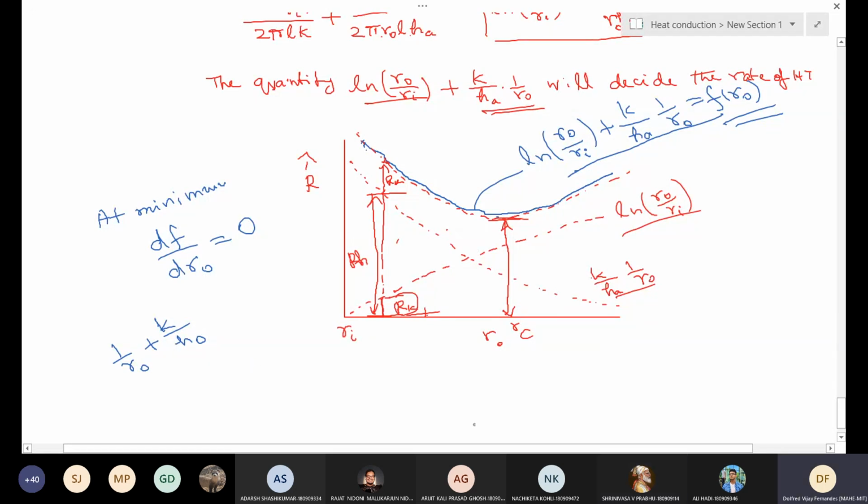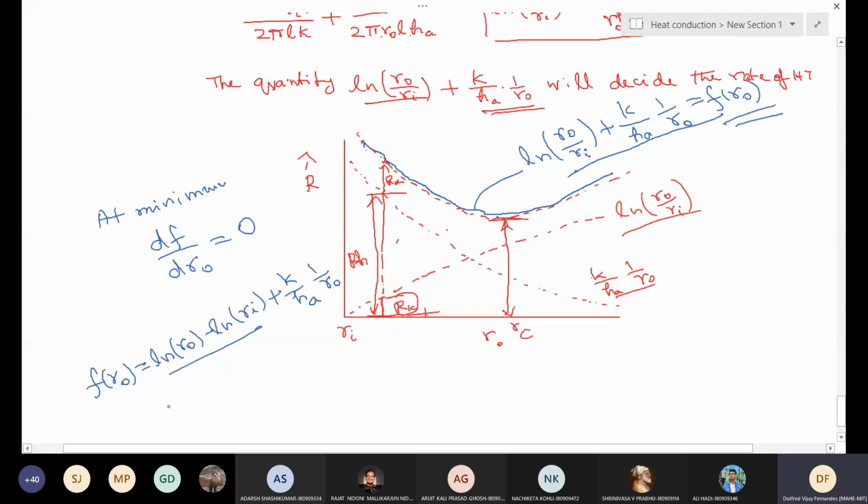So I will write clearly for you, because some students may be from a poor mathematical background. f of r0 can be written as ln r0 minus ln ri plus k by ha into 1 by r0, using the law of indices.